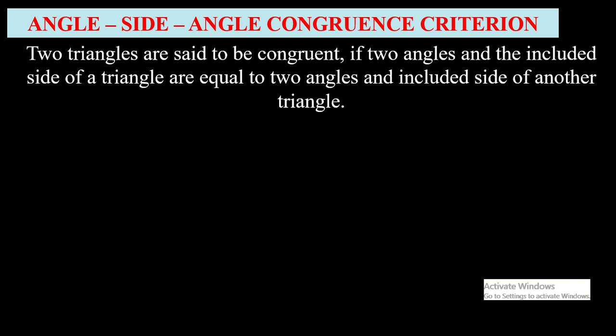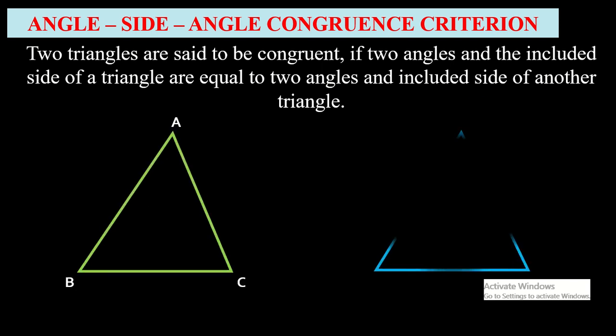Angle side angle congruence criterion states that two triangles are said to be congruent if two angles and the included side of a triangle are equal to two angles and the included side of another triangle. That means we have two triangles, here ABC and XYZ.